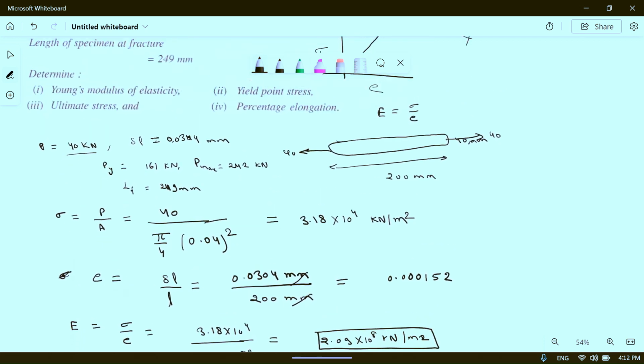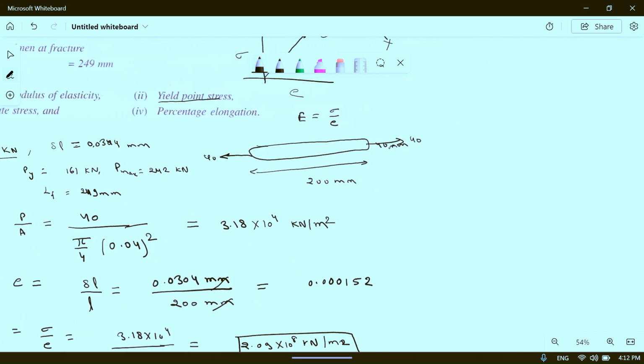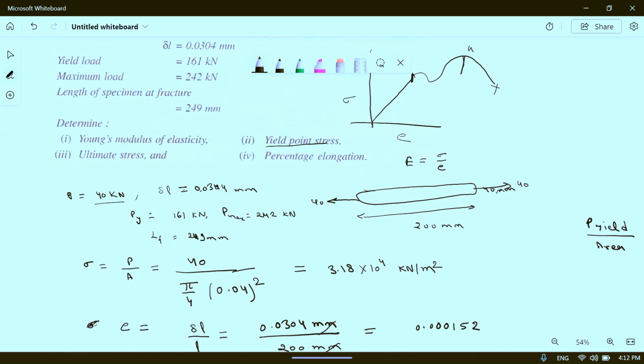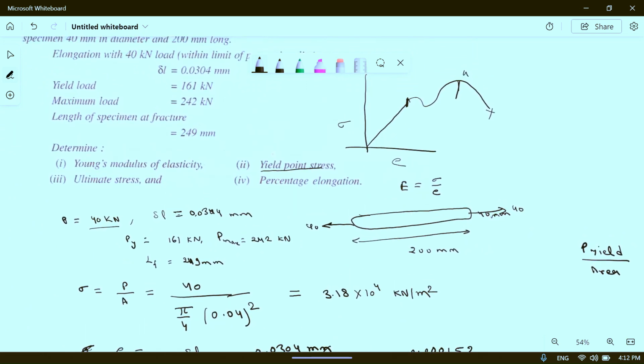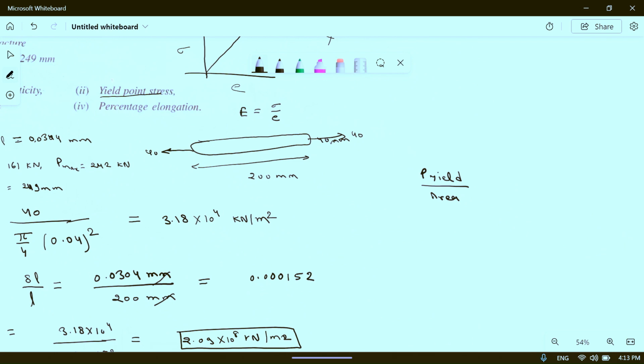Now we have to calculate yield point stress. So what is yield point stress? It is equal to yield load P divided by area. So what is yield load? 161 kilonewton. So we will put the values of yield load.